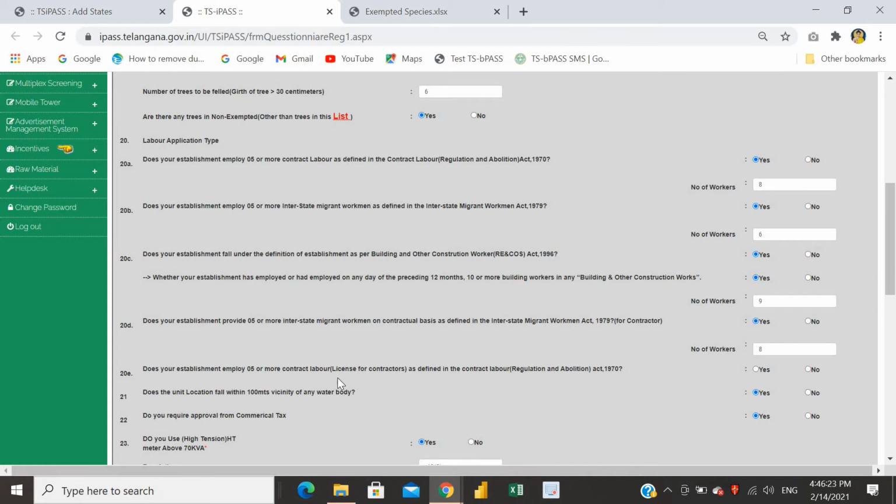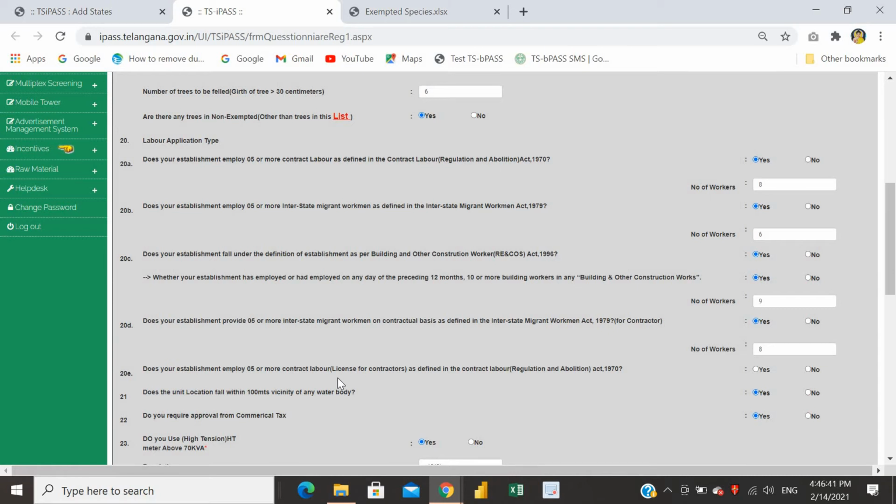First one is the Contract Labor Act. Under the Contract Labor Act, two permissions we are giving, that is the certificate of establishment and the contract license for engaging the contract labor. Next is the Interstate Workmen Act 1979.